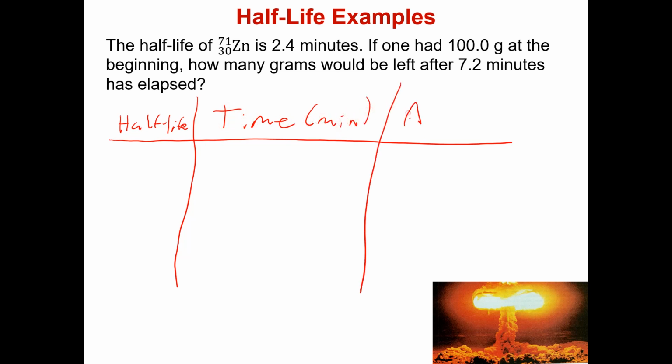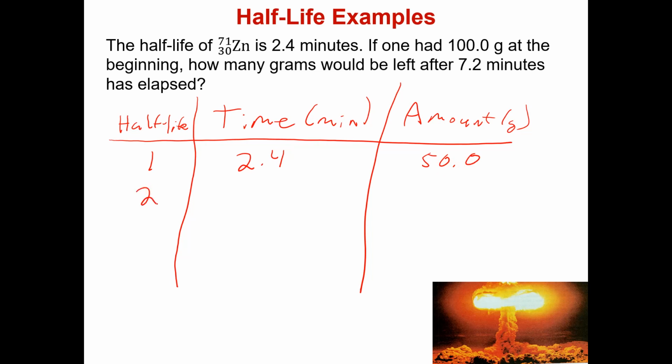An amount in grams. So after one half-life has passed, this isotope of zinc has a half-life of 2.4 minutes. So after 2.4 minutes has passed, I would have half of what I started with. So half of 100 is 50.